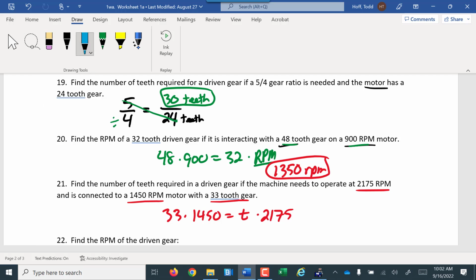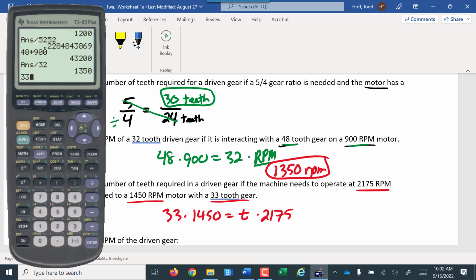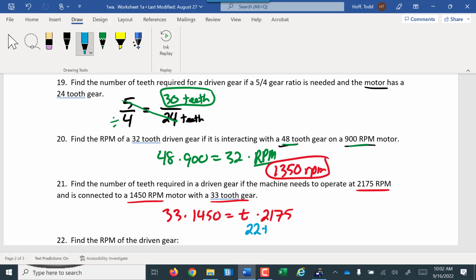What's my calculation? 33 times 1450 gives me 47,850, and then divide by the 2175, giving us 22 teeth. Questions on those? Cool.